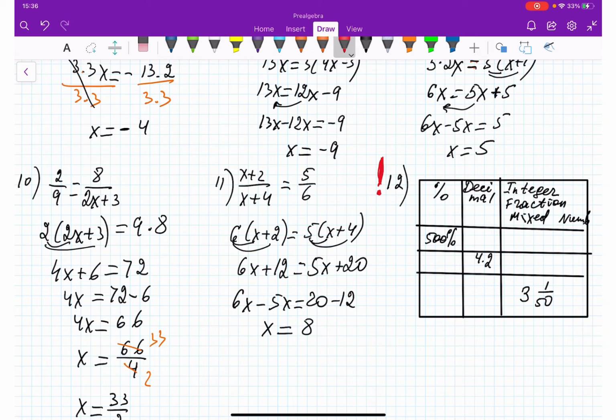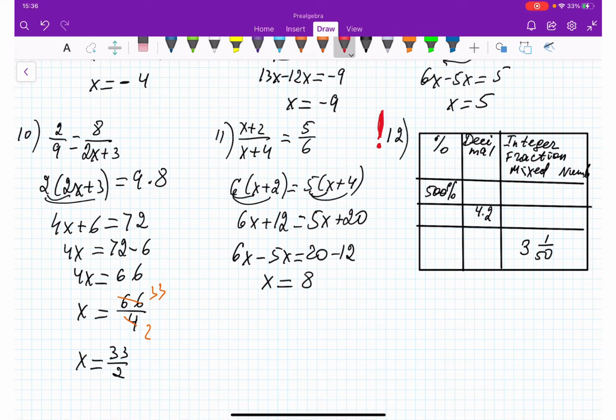You have to go through decimal. This is not out of the blue: decimal notation is in the middle between percentage and fraction, because you cannot jump from fraction or mixed number to percentage, and you cannot jump from percentage to mixed number or fraction. Everything is going to go through decimal notation. That's why decimal is right in the middle. So let's do it.